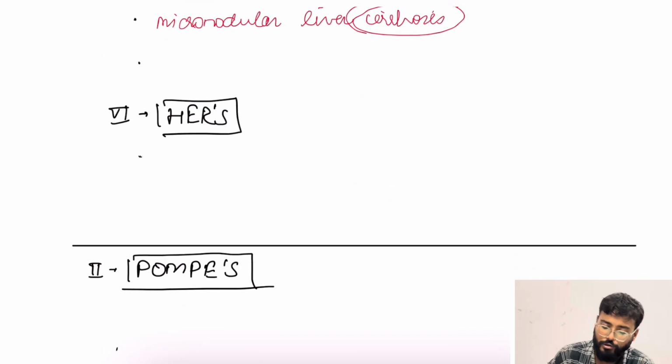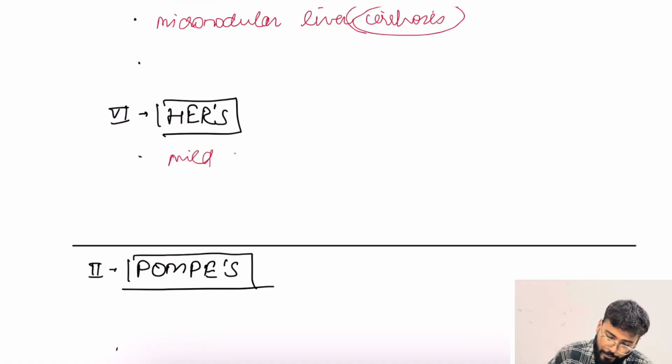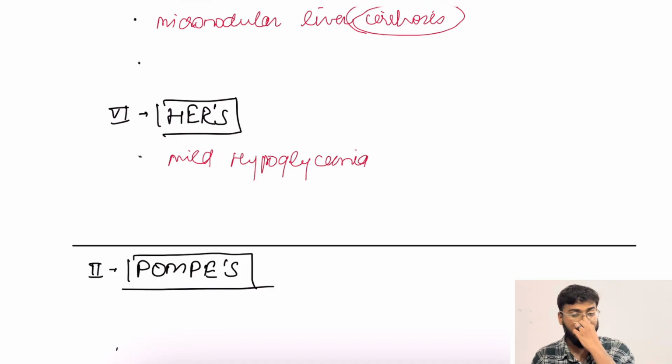In Hers, it is not really important, and you are not going to see evident hypoglycemia. There will be hypoglycemia, but it won't be that evident. It will be mild hypoglycemia. Why will there be mild hypoglycemia? Because in this case the process of gluconeogenesis is intact.